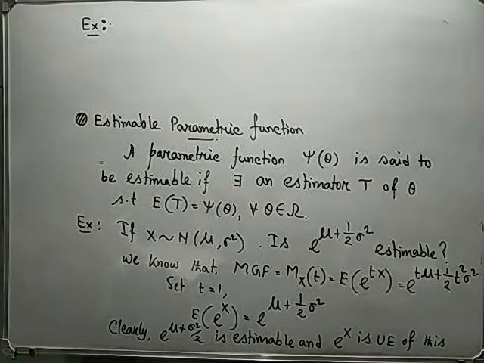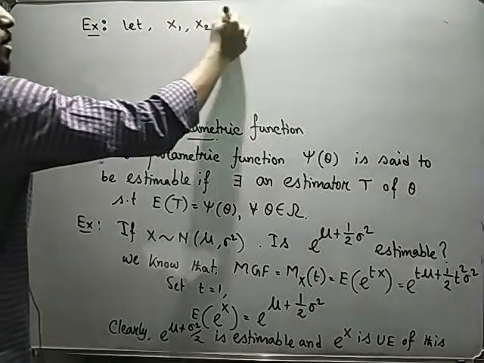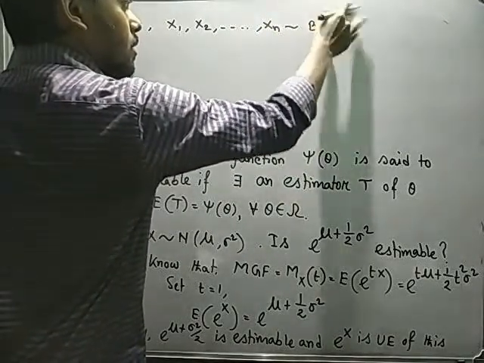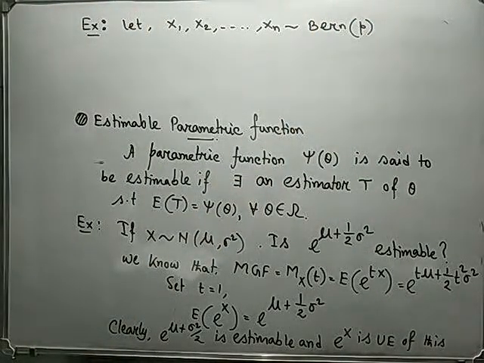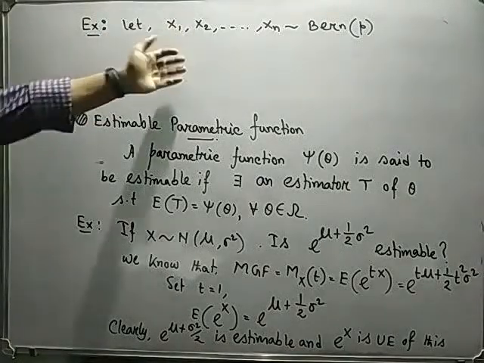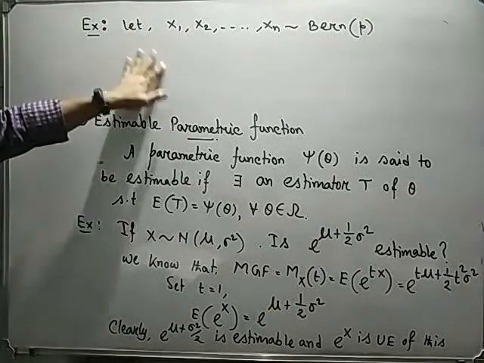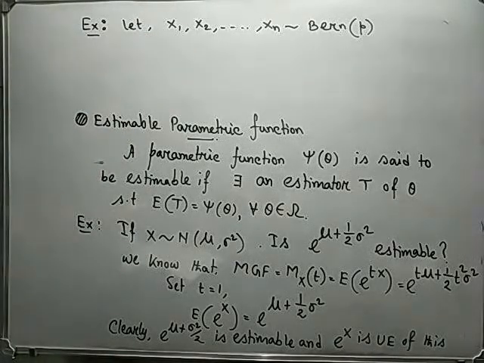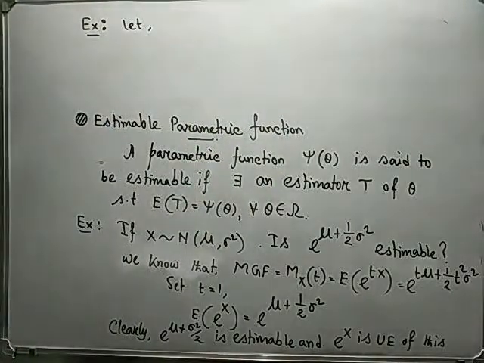So example: let capital X1, X2, Xn follow Bernoulli P. You can say X1, X2, Xn follow binomial P also, but okay. So X1, X2, Xn follow Bernoulli P. Can we estimate? So let's start with the first simple example.